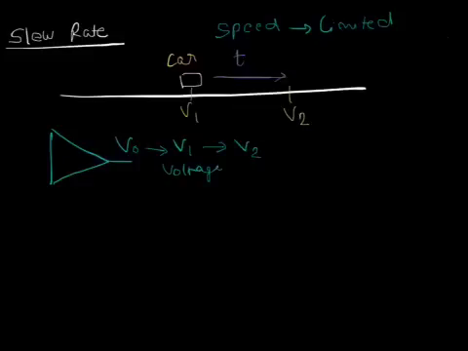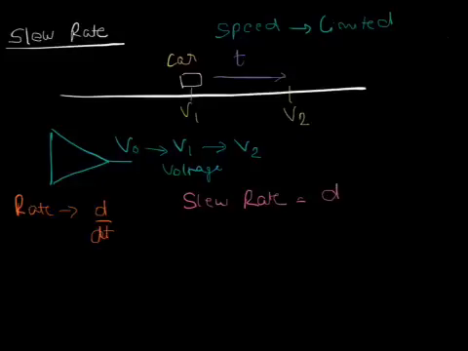So this rate at which the voltage changes, you can talk about a rate in terms of a derivative d by dt, and so your slew rate is nothing but the rate of change of your output voltage with respect to time. This is the maximum rate at which your output can change.